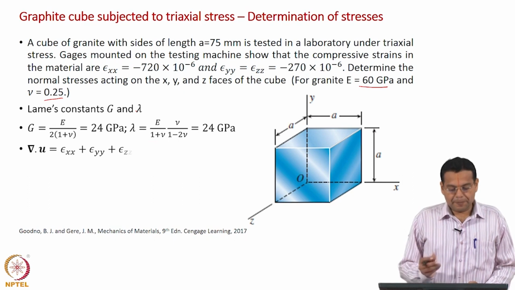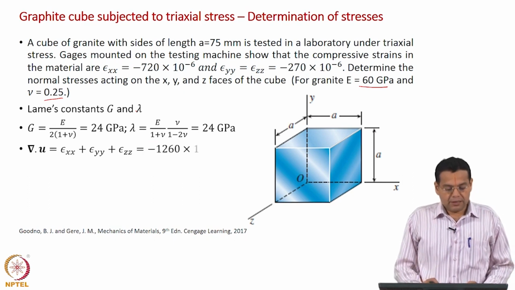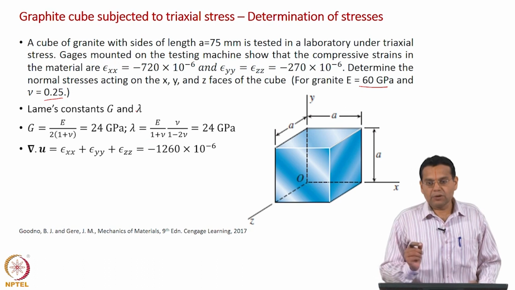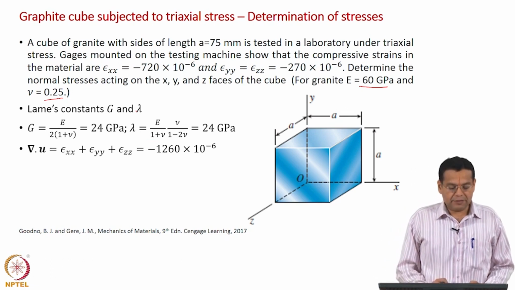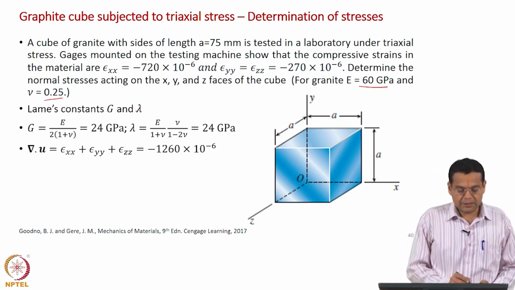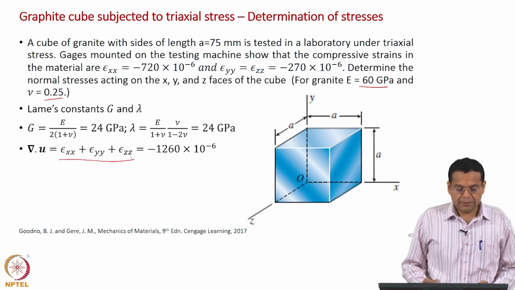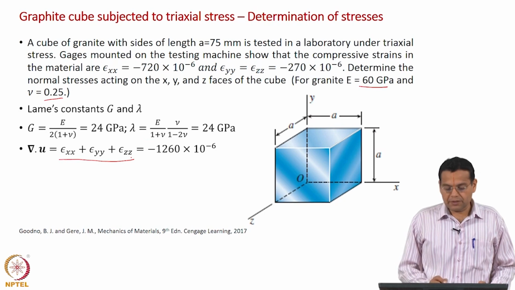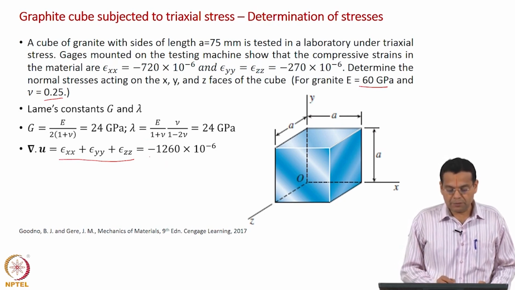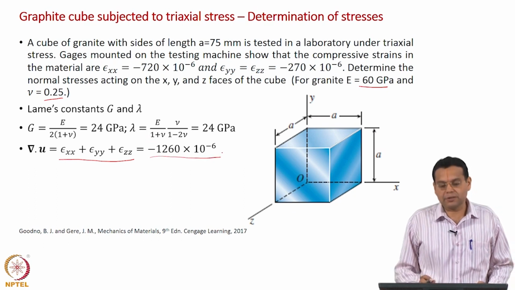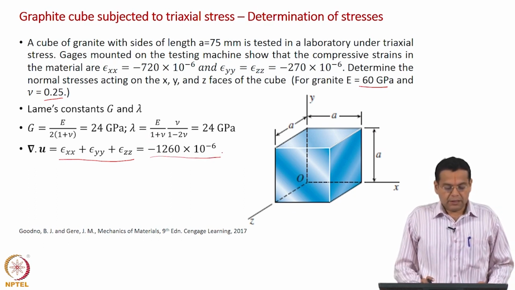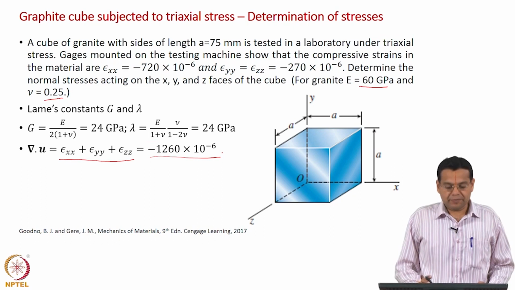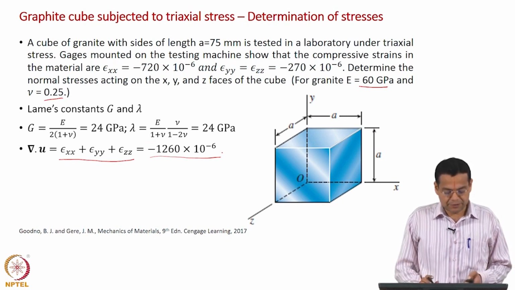The expression for stresses involves the divergence of the displacement field, which is the sum of the 3 normal strains, and we are given the values of the 3 normal strains. So, simple substitution will give you the value for the sum of normal strains, which is the same as the divergence of the displacement field.